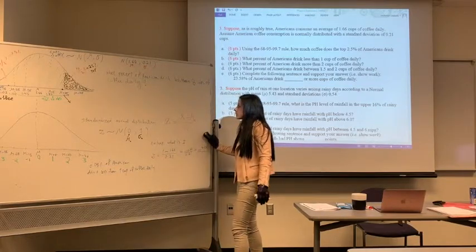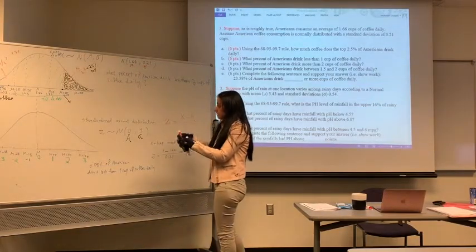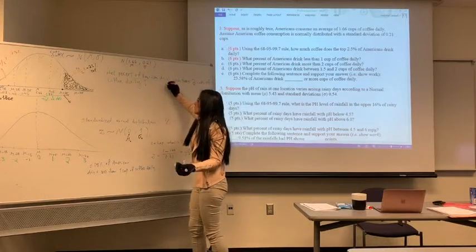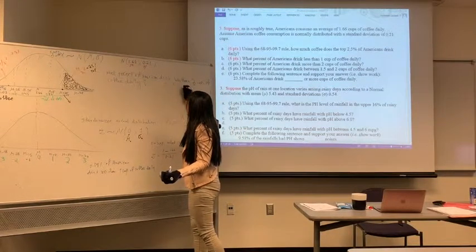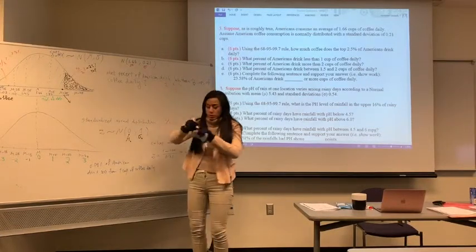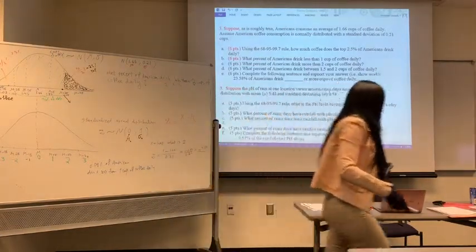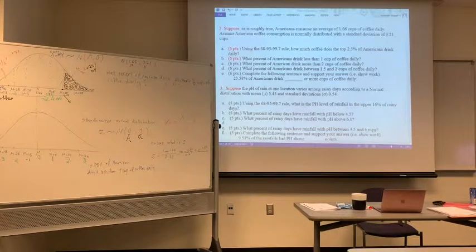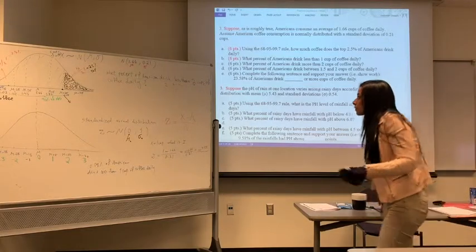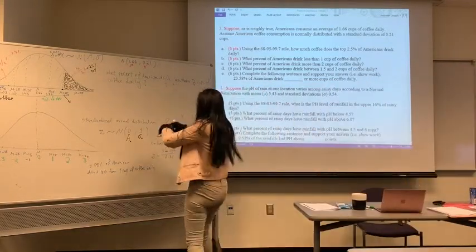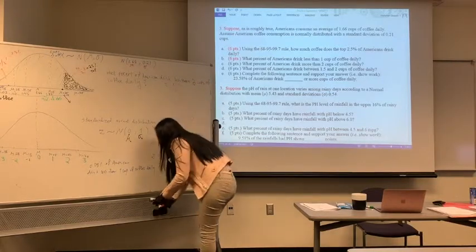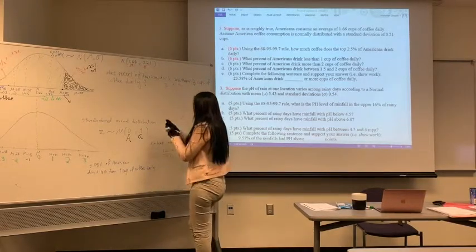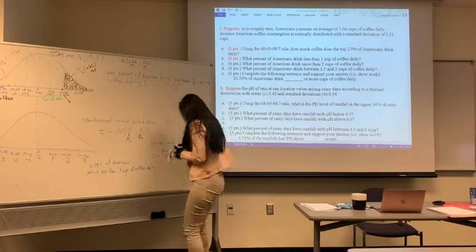So we should keep the formula for Z, right? We know that Z is equal to X minus mu of X divided by sigma of X. So what is the X in this question? Exactly.